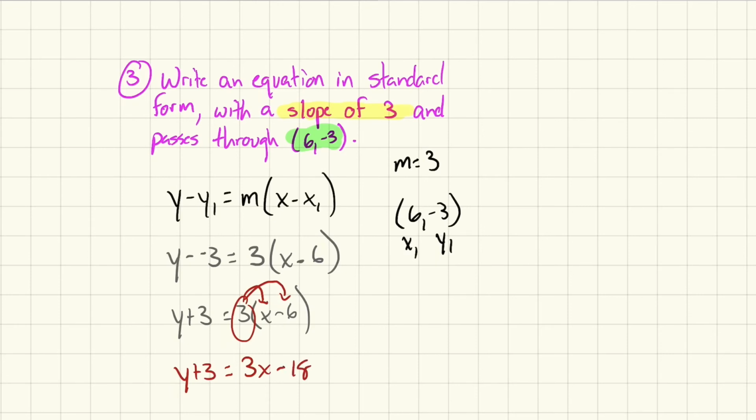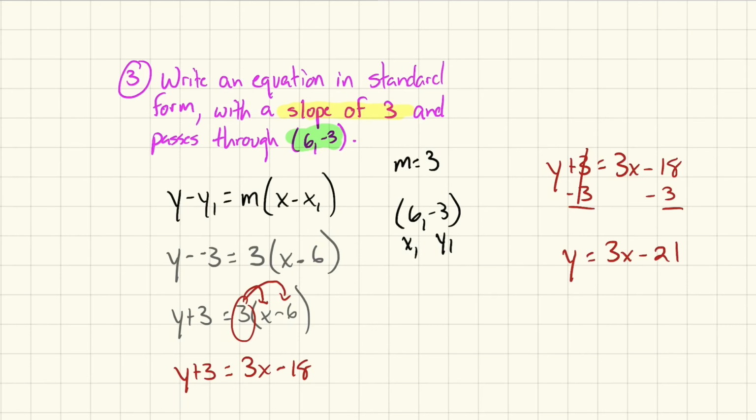So I'm going to write this equation over here. y plus 3 equals 3x minus 18. And then to get everything together, all I'm going to do is subtract the 3 off. That way the y is by itself. 3 minus 3 cancels. y equals 3x minus 21.